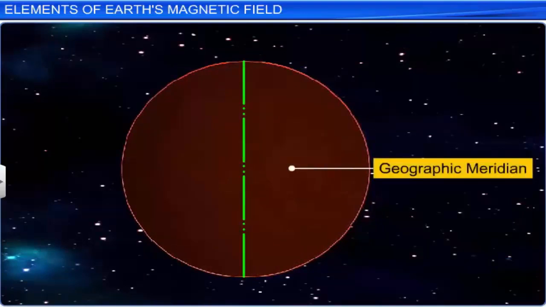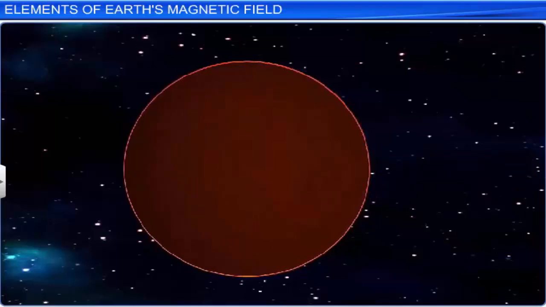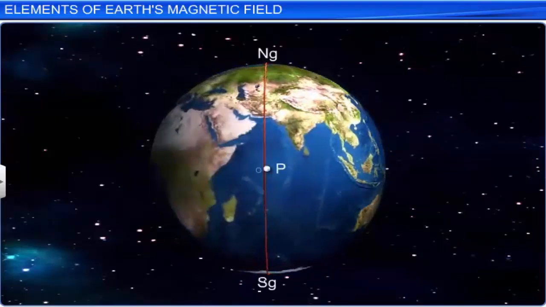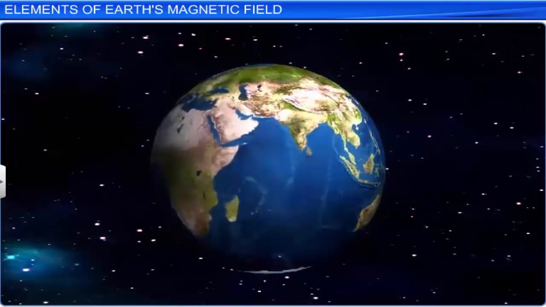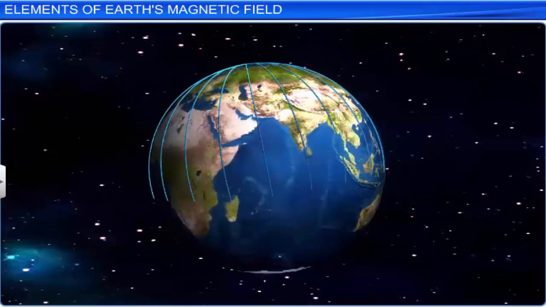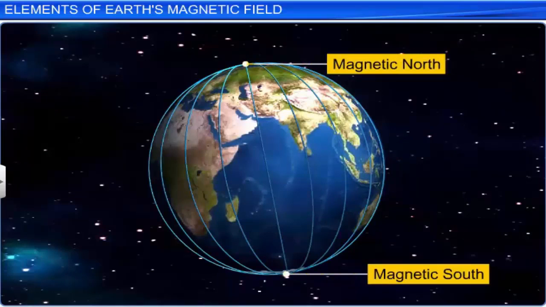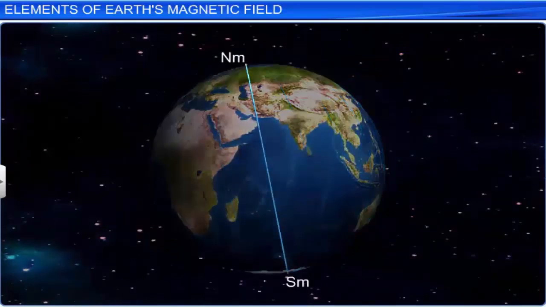The geographical meridian, when viewed from top, appears to be a straight line. Similarly, we can obtain the magnetic meridian by drawing a line from the magnetic north and south poles. This magnetic meridian also looks like a straight line when viewed from the top of the chosen point.